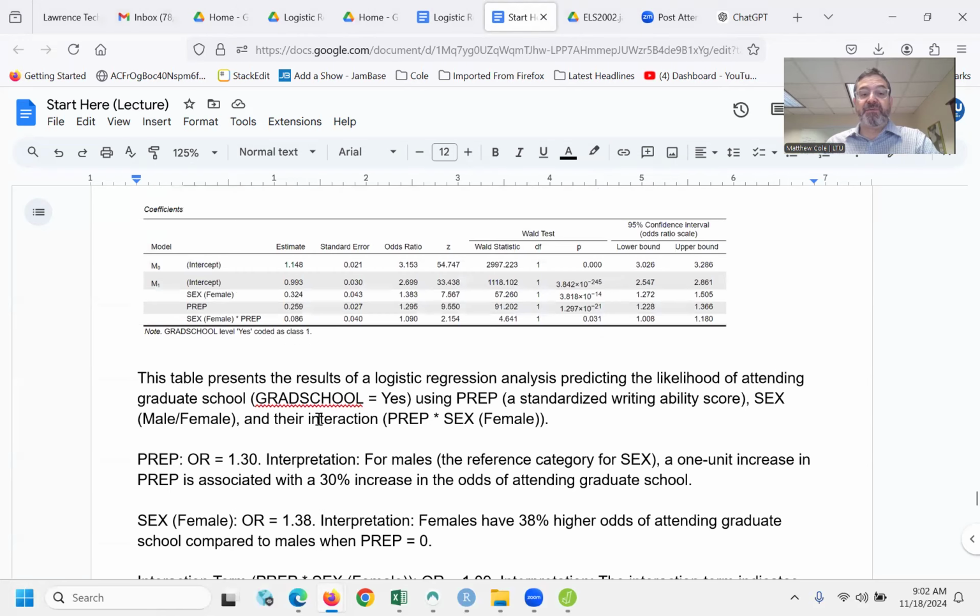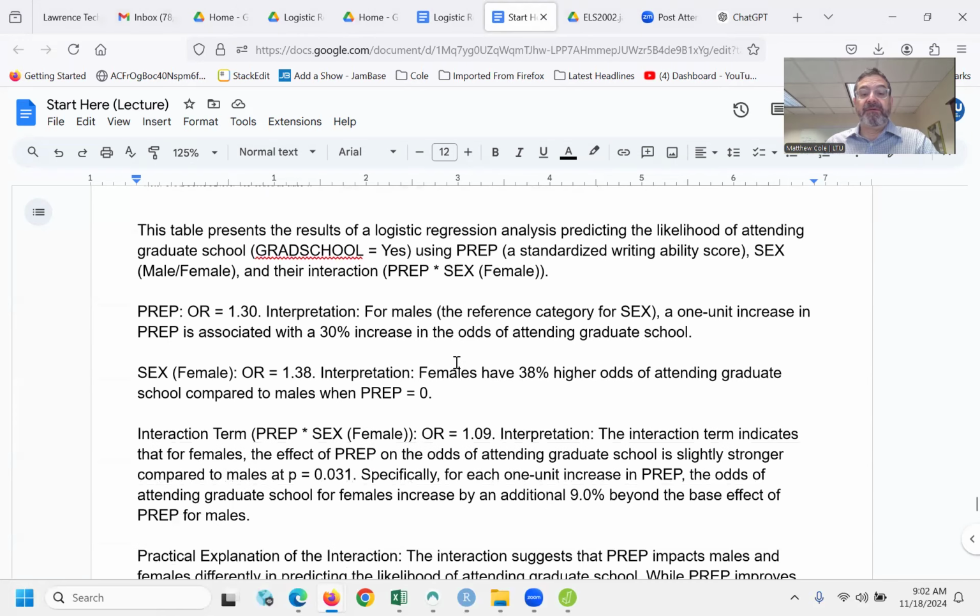Well, the interaction is 1.09. So the interaction term indicates that for females, the effect of prep on the odds of attending graduate school is slightly stronger compared to males. Specifically, right? So 0.09 is like 9% higher than 100%.